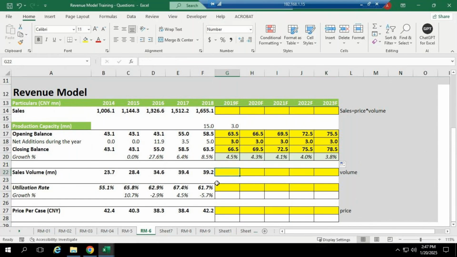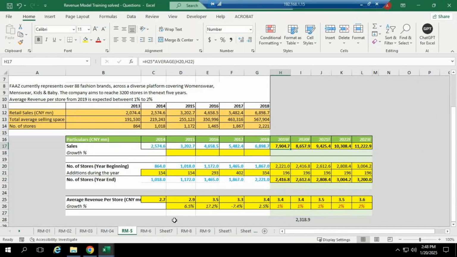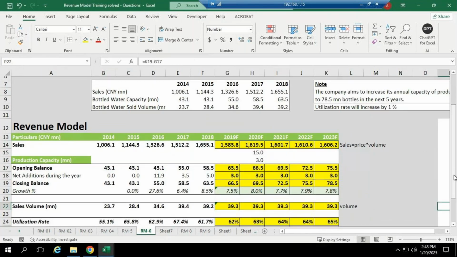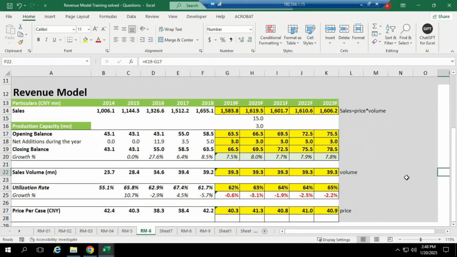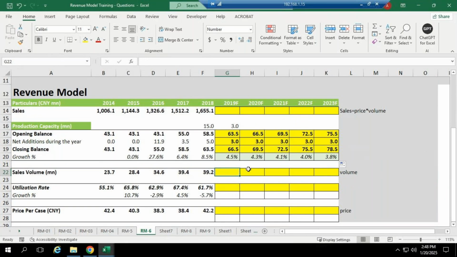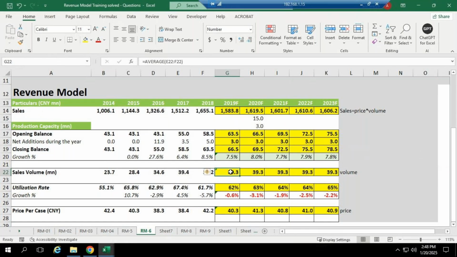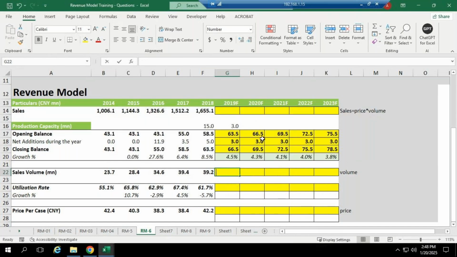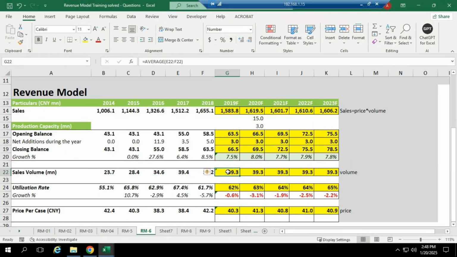So now the sales volume. So 39.2. So now the volume, average of all the years. 33.1.